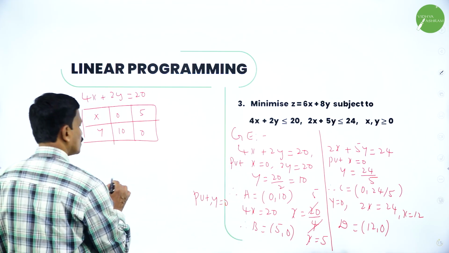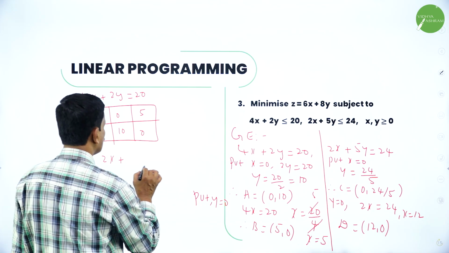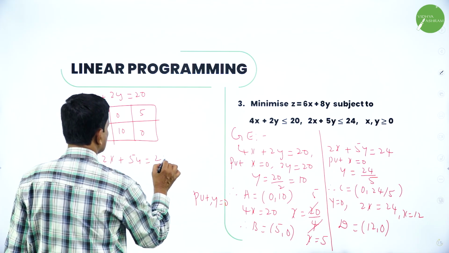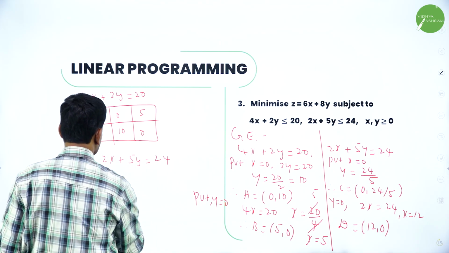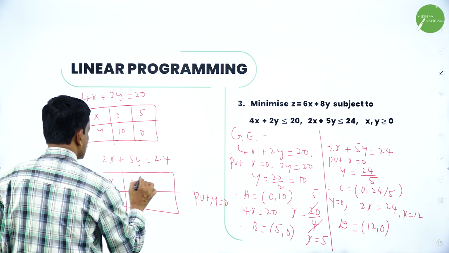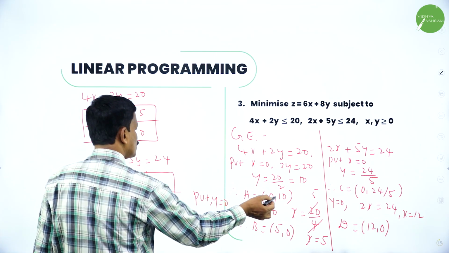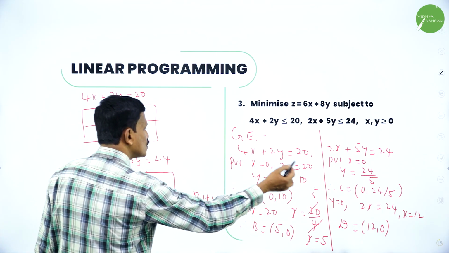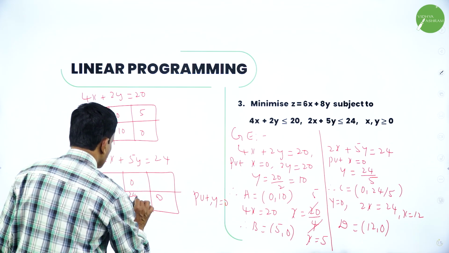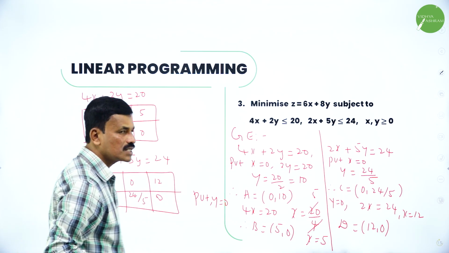Now, for the second curve, 2x plus 5y is equal to 24, what are the points? When x is 0, y is equal to 24 by 5. And when y is 0, x is equal to 12. So, these are the points.